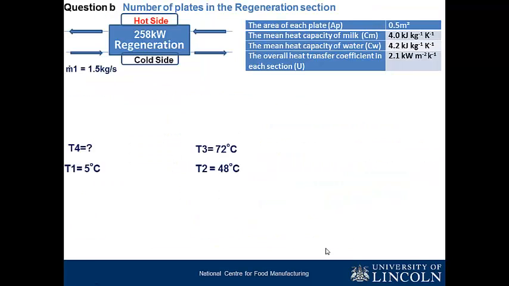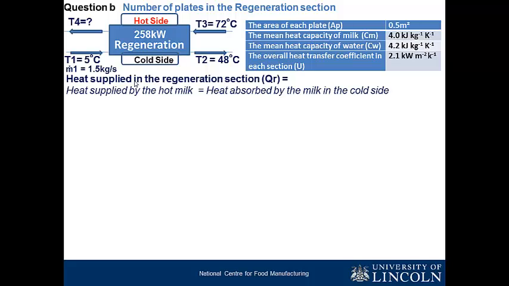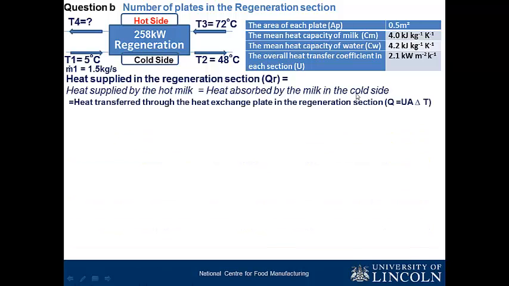Now we want to find the number of plates in the regeneration section. Before you can calculate that, you will definitely need to know the logarithmic mean temperature difference. Don't forget that the heat supply in the regeneration section is the heat supplied by the hot milk, and that must equal the heat absorbed by the cold milk, like I said earlier, and that equals the heat transfer through the exchange plate in the regeneration section, as given to us.